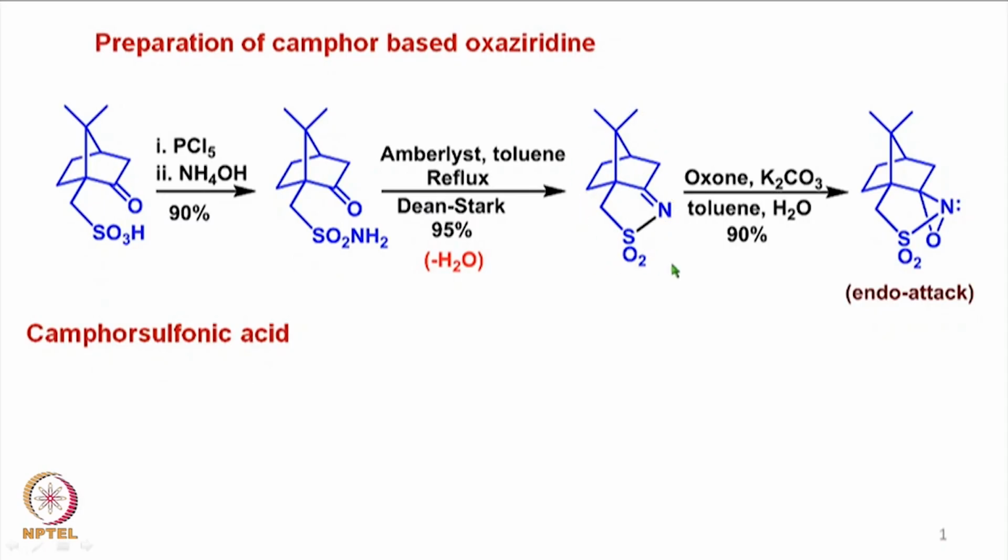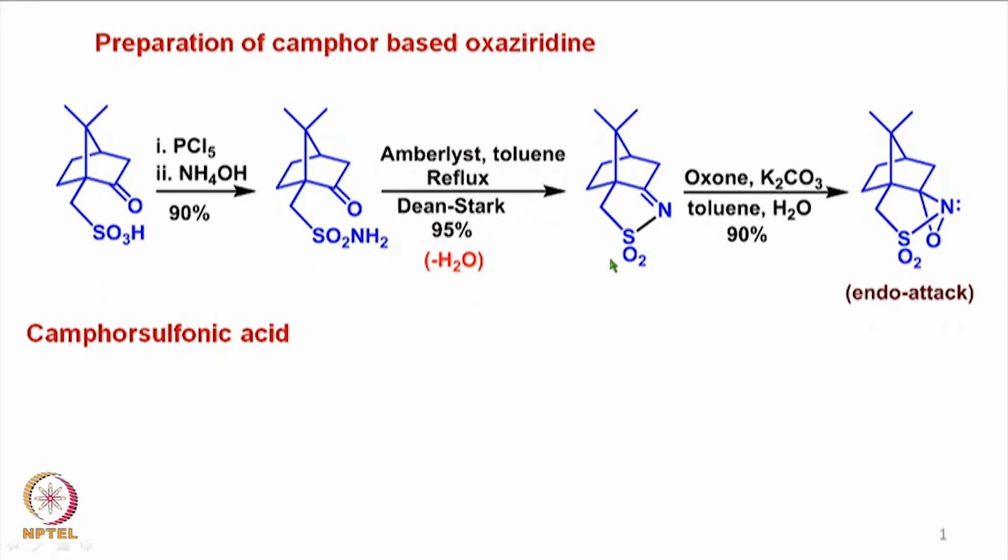But this intermediate, under the Amberlyst catalyst condition, can get protonated and further hydrolyzed and go back to the starting material, or even it can go back to the sulfonic acid. And therefore water has to be continuously removed by the use of this Dean-Stark apparatus.